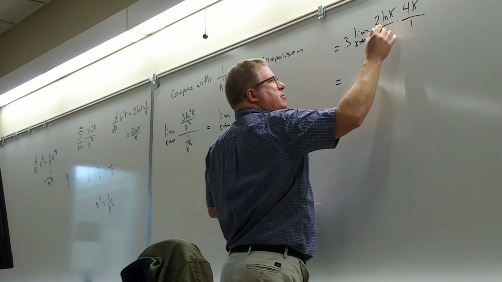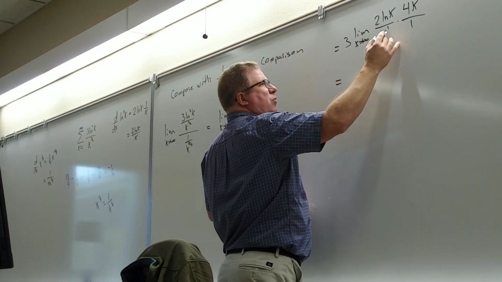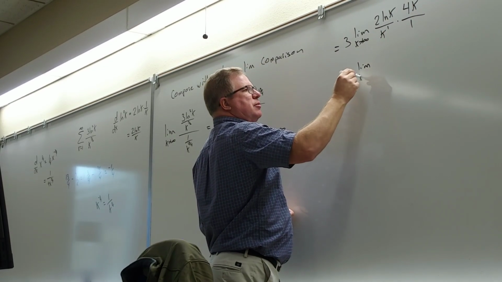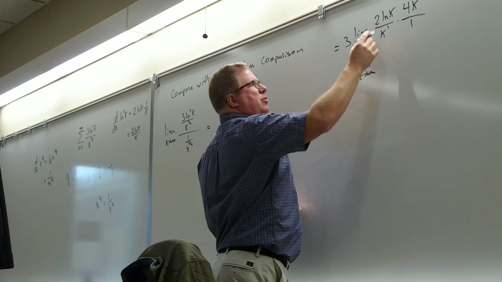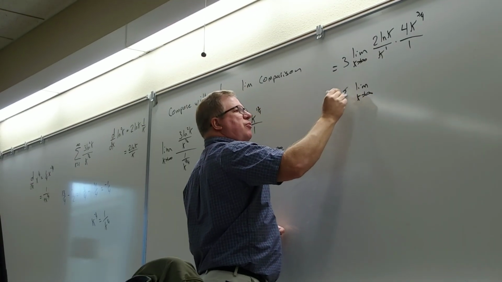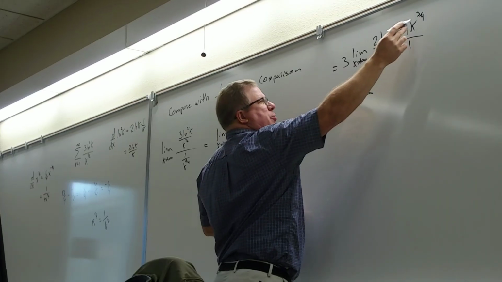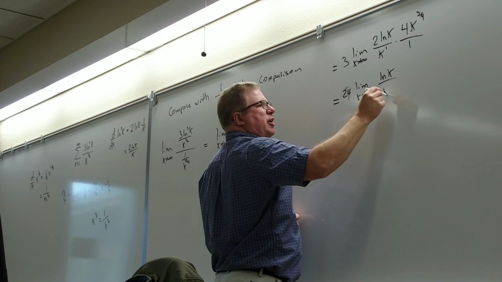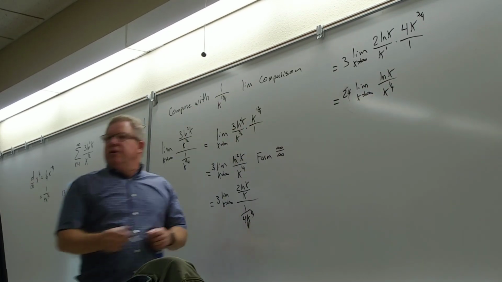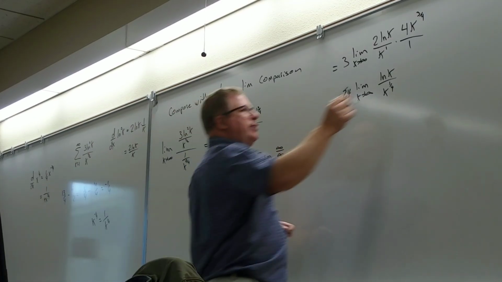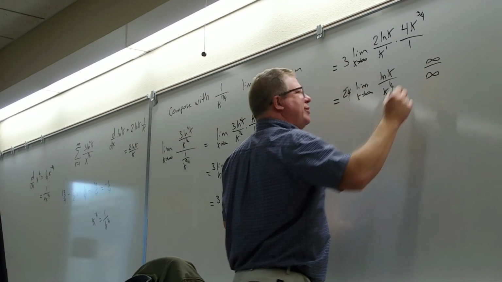Now we do this 3/4 minus this 1, 3/4 minus 4/4 is negative 1/4. Well, let's take this 2 out, 2 out here times 3 is 6. Actually, let's take the 4 out too, 24, sorry about that. And now 3/4 minus 1 is negative 1/4, so we have ln k over k to the 1/4. I'm going to start speeding up here, we have infinity over infinity again, L'Hopital's rule again.